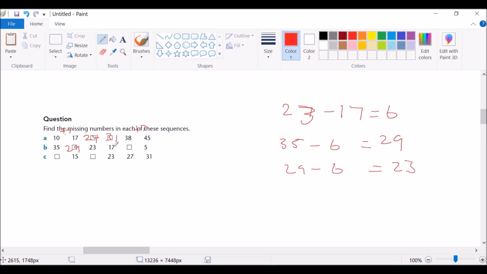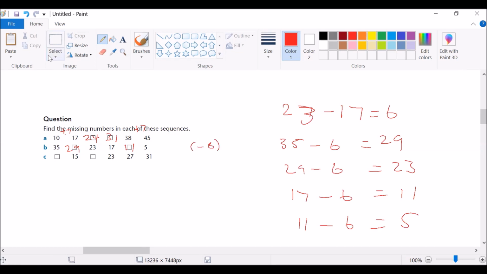This is working out so far. 17 minus 6, we get 11. Then if we put 11 here, 11 minus 6 will give us 5. So these are the numbers. Our rule here is minus 6.